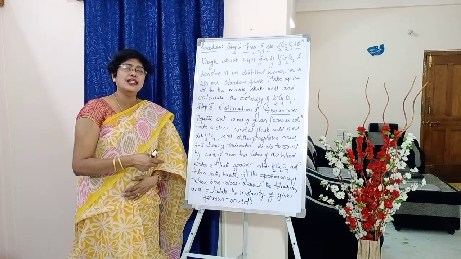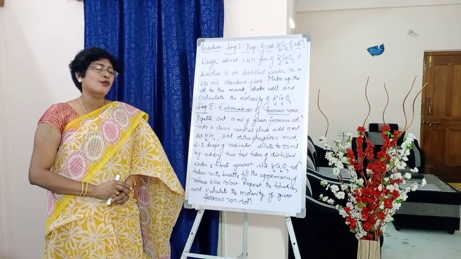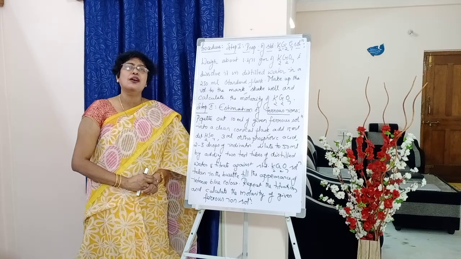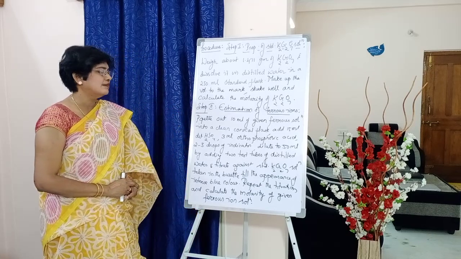This is nothing but adding 2 test tubes of distilled water. Dilute to 50 ml by adding 2 test tubes of distilled water.